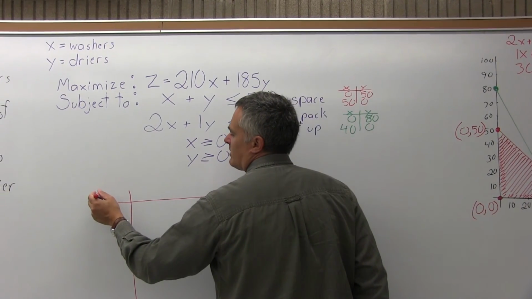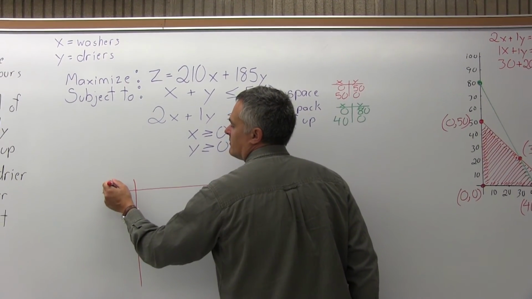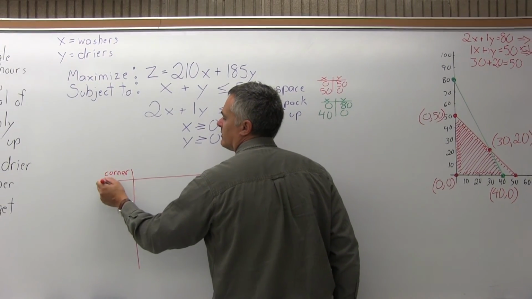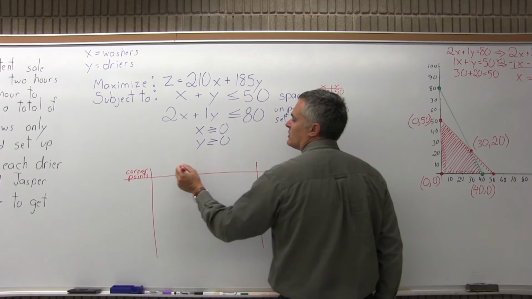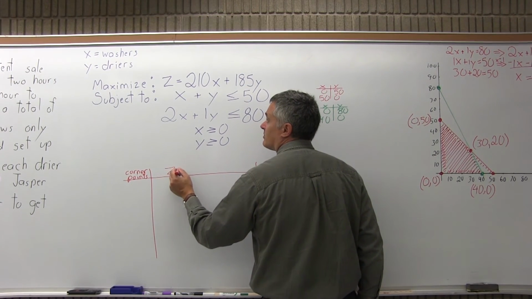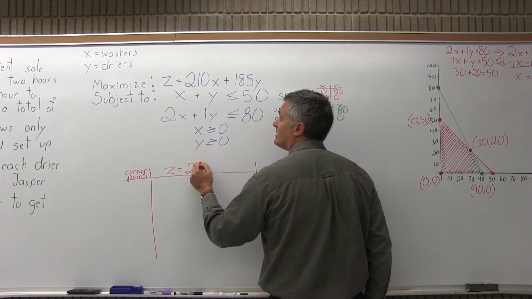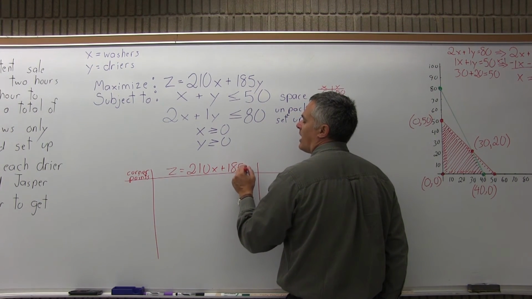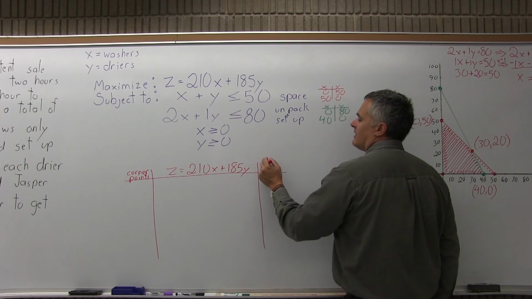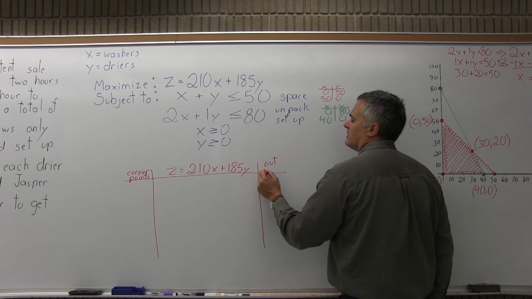So the first column of my chart is going to be for corner points, and I will label it. The middle column I make the widest. That's for the objective function, which for this particular problem is z equals 210x plus 185y. And the last column is for output.